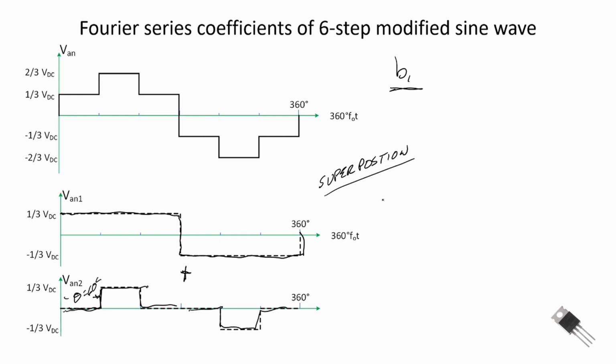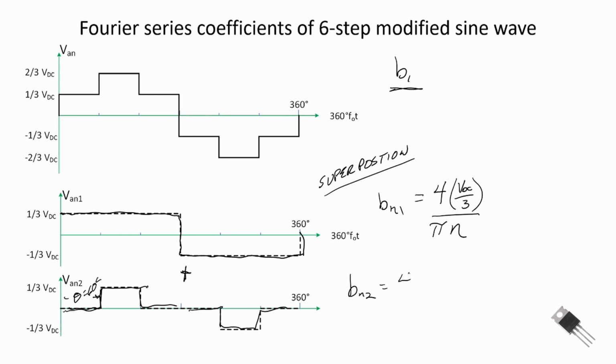Recall from the past video, this has Bn equal to 4 times the amplitude, and the amplitude is VDC divided by 3 all over pi n. So that's the Fourier series, and this is for n equal to 1, 3, 5, 7, all the odd harmonics. The even harmonics are equal to 0 for this waveform. And then also recall, I'm going to do the Fourier series for this second one.